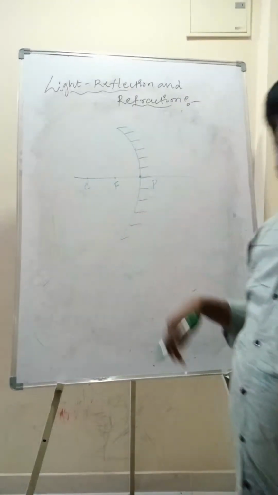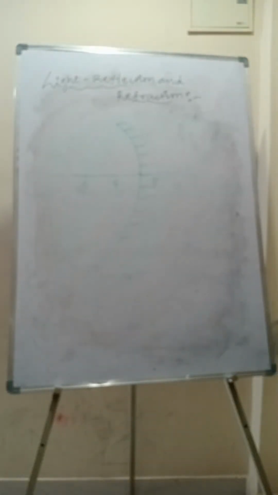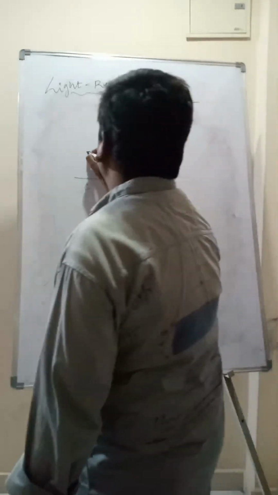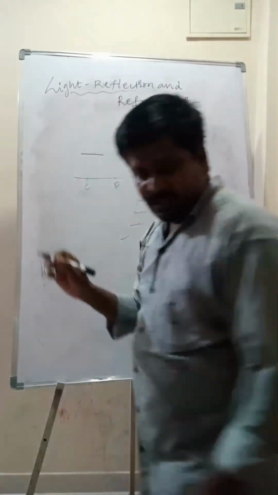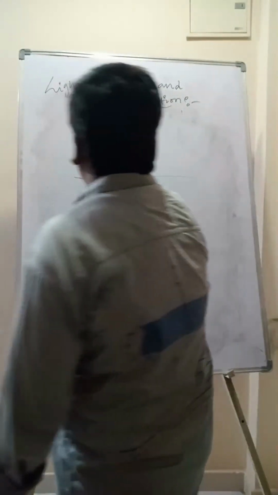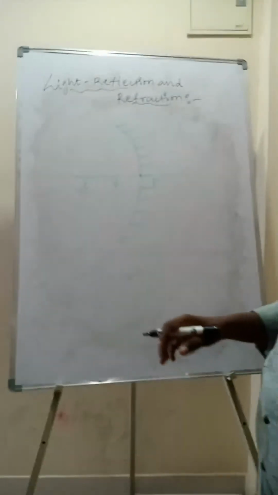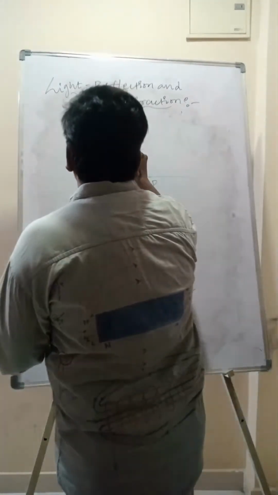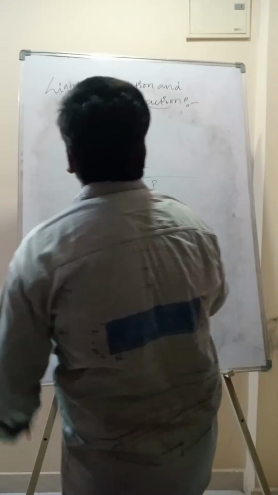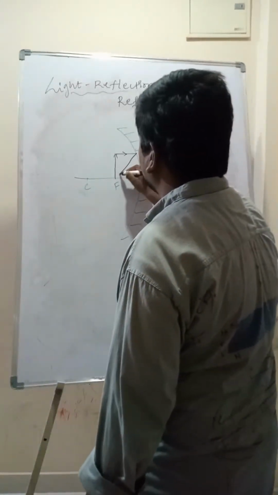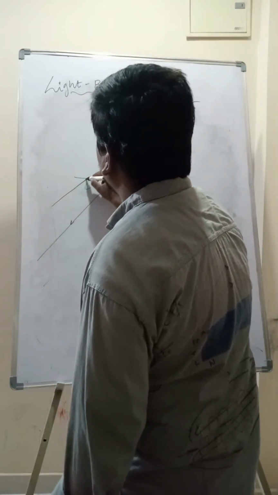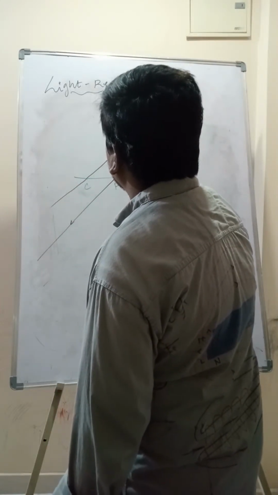One light ray I am taking like this. Here we place the object at focus. One light ray I am taking like this, so it passes through the focus. Another light ray we can take through center of curvature like this.